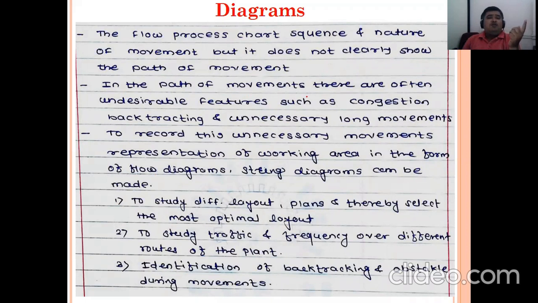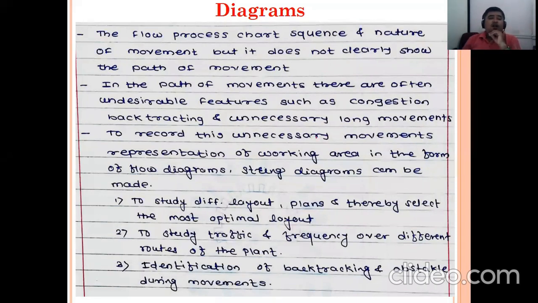In the path of the movement, there are often undesirable features such as congestion, backtracking, and unnecessary long movement. Sometimes we have to move from one corner of the industry to the other corner, so we have to think about the path of the movement.